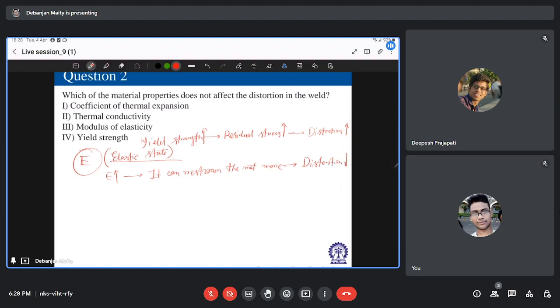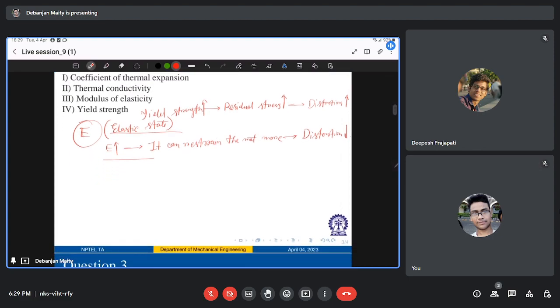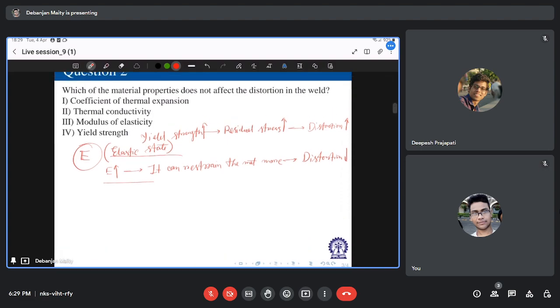Just discussing it in this question itself. No issue. And then you have something called CTE, coefficient of thermal expansion. So this is basically a measure of how much a material expands during heating or contracts during cooling.